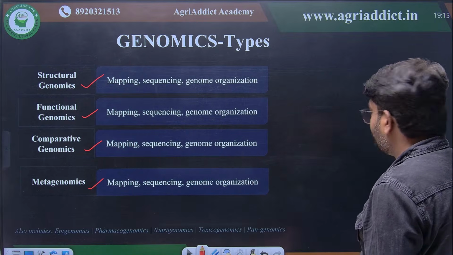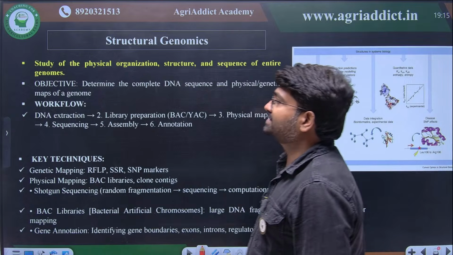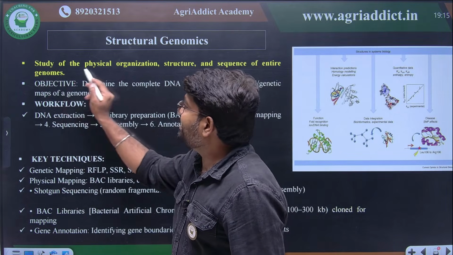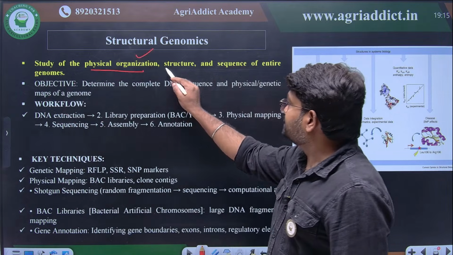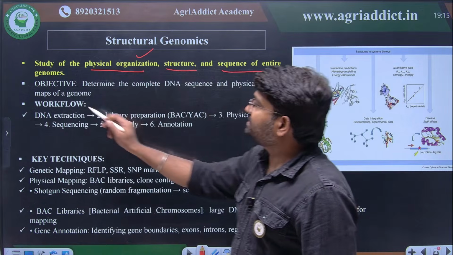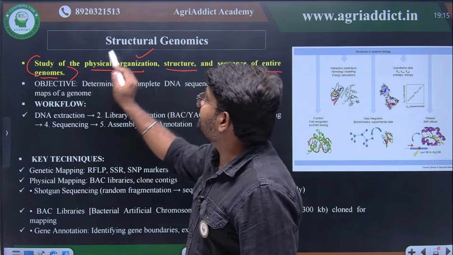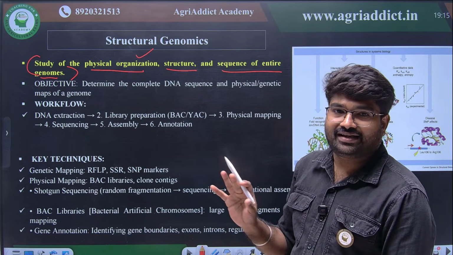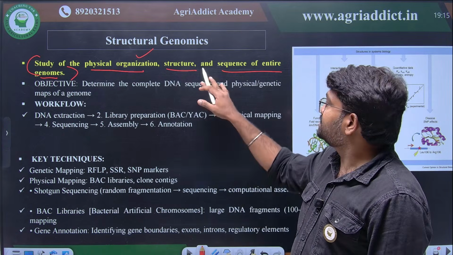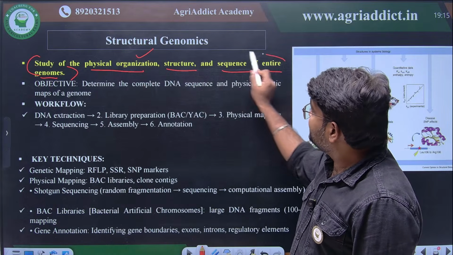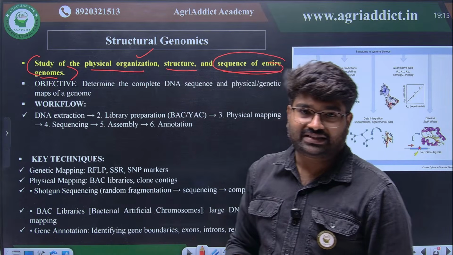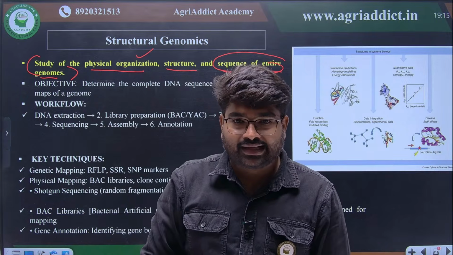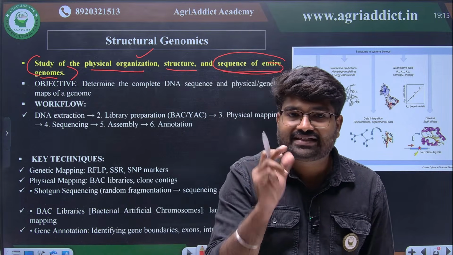What is structural genomics? Definition only: the study of physical organization, structure, and sequence of an entire genome. This is known as structural genomics. We can study the sequence of the entire genome here, so different sequencing techniques are used.